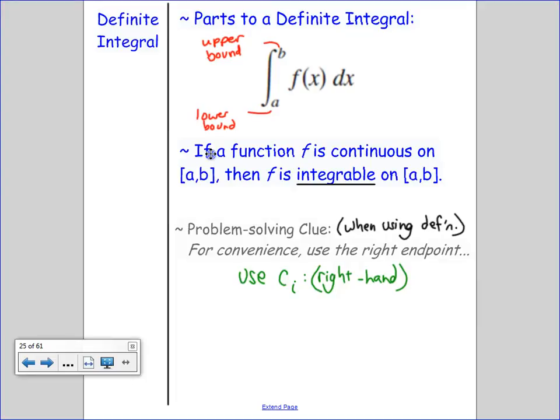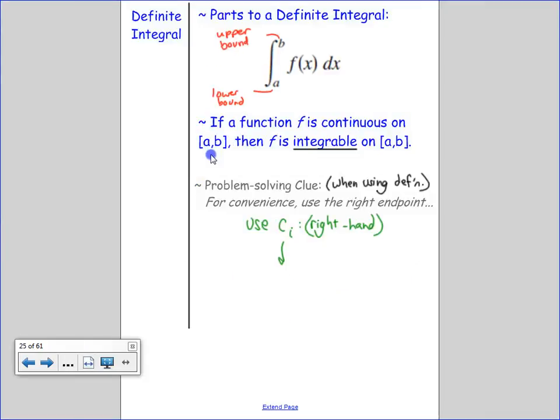And then for yesterday, I don't know if we actually wrote this down. It might be helpful to write down a quick formula of how to set it up. If we're going from a to b, a is our starting point, so it's going to be a plus change in x, equal subintervals, times i.